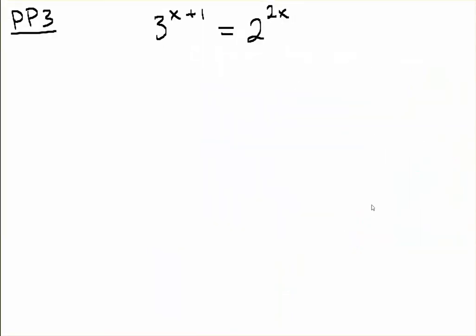Alright, one little problem. What happens if you have x on both sides and they're both stuck inside the exponent? That's my problem. And then the bases are 3 and 2. There's no way I can make the bases the same here.